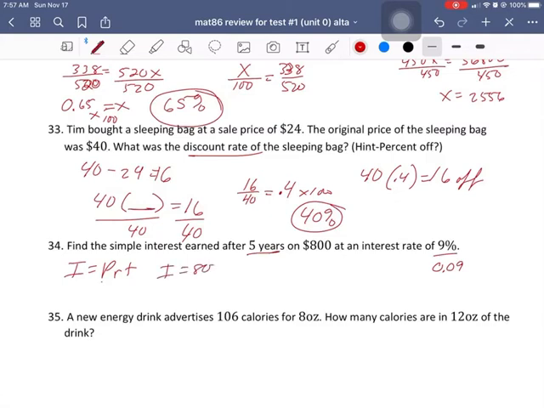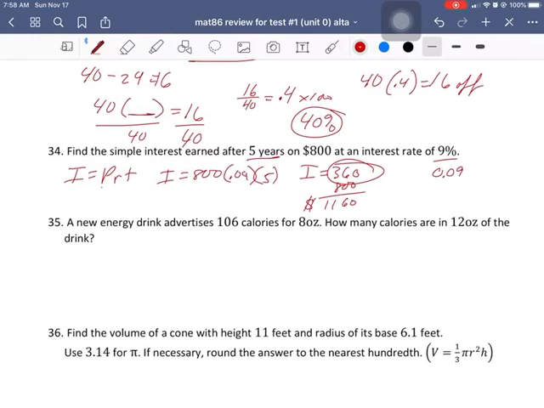So I equals 800 times 0.09 times 5. That gives you 360. If they want the balance, be careful. If they want the balance, add the 800. And that's the new balance. Okay? But the amount of interest is what this question wants. Make sure you read these completely.